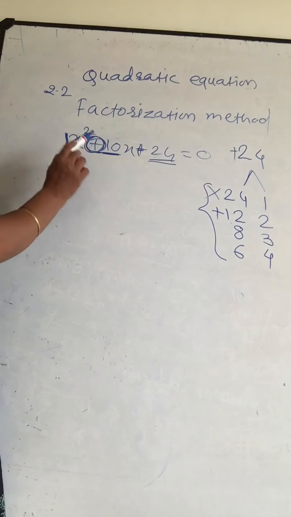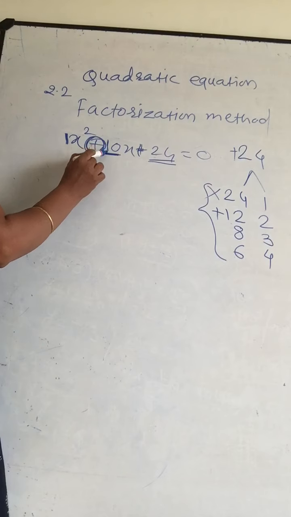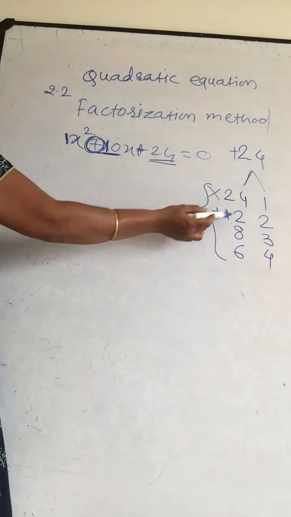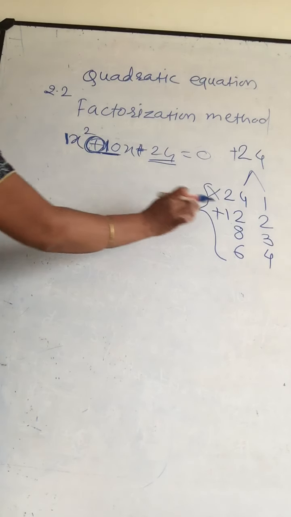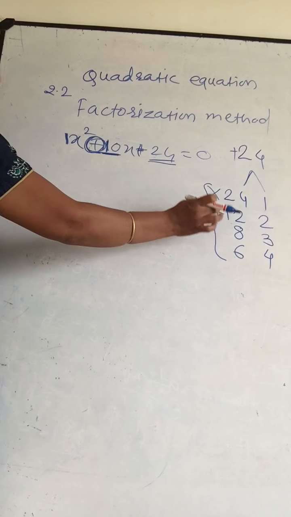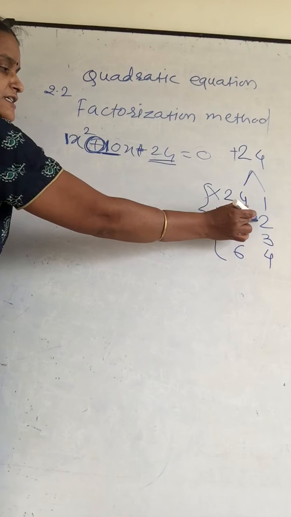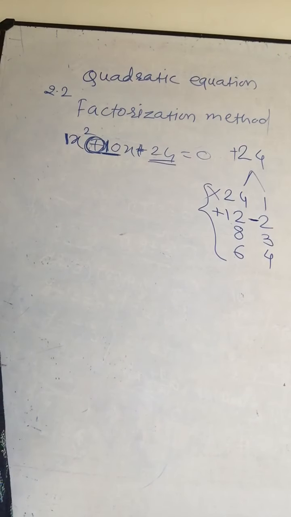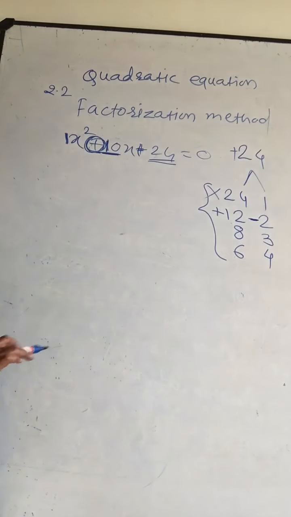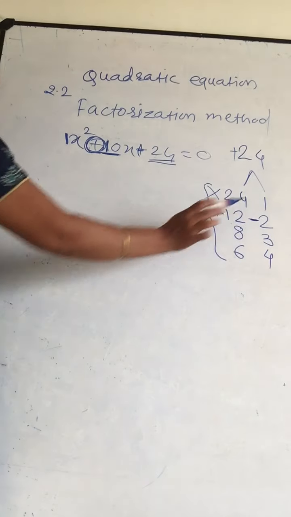Now we want subtraction, that is 12 minus 2 is 10. When subtraction is needed, with plus here and minus here, only then the subtraction will be possible. Different signs, subtraction. So plus here, minus here.